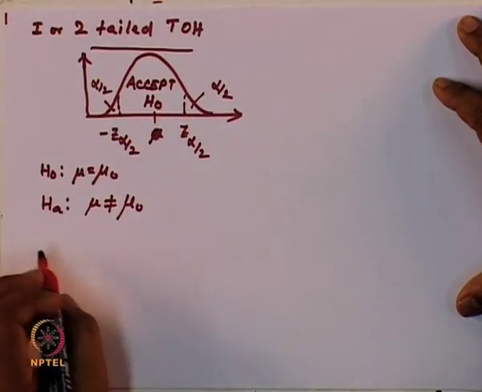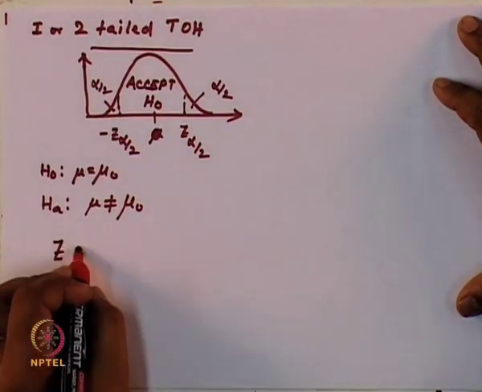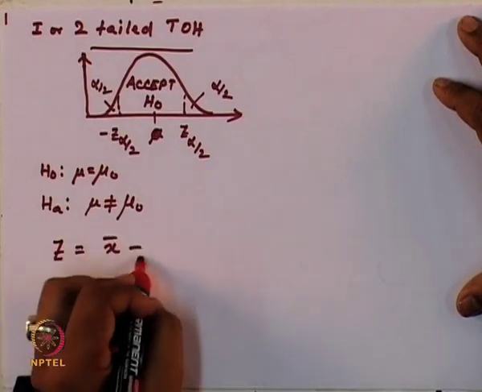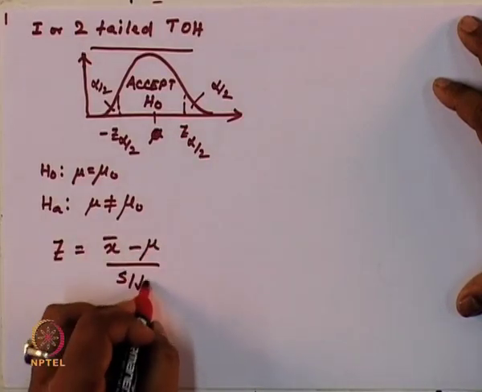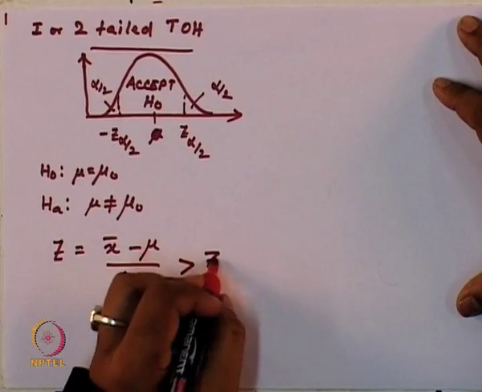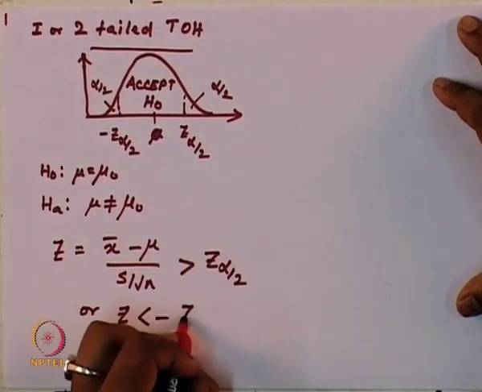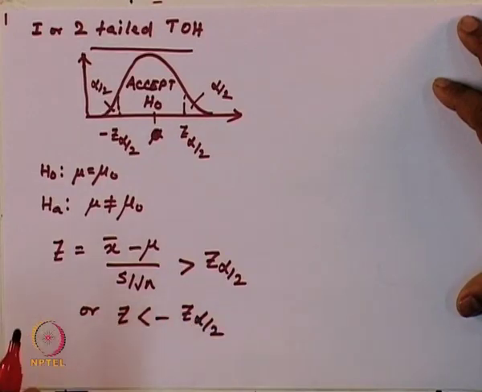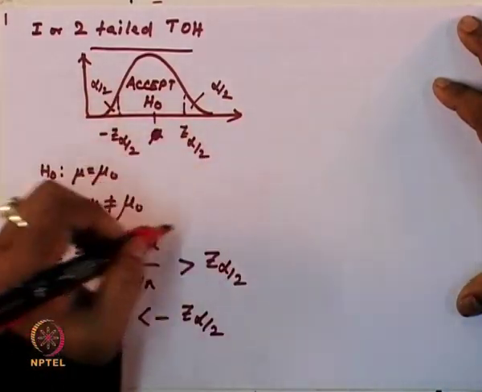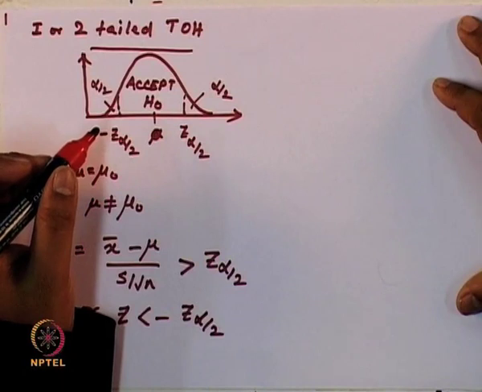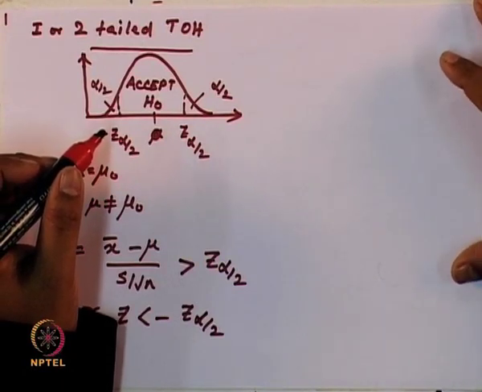So, if the z value for your test statistic, let us say x bar minus mu by s by root n, is greater than z of alpha by 2, or z is less than minus z alpha by 2, then you know that H naught can be rejected, otherwise you cannot reject H naught.